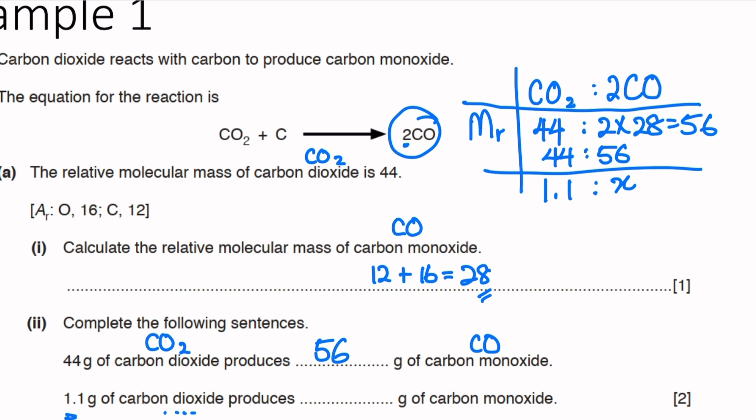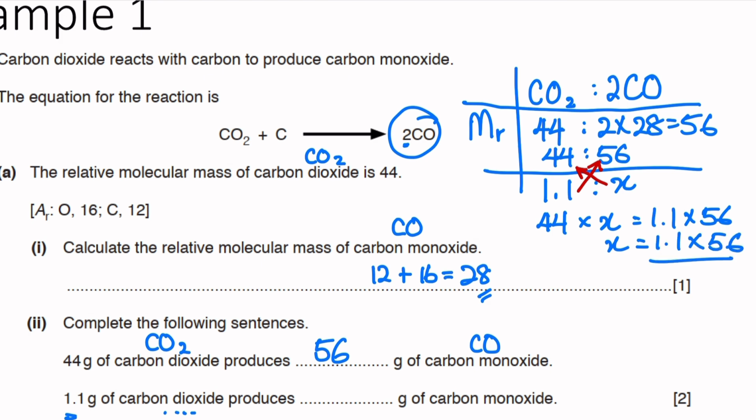So what are we going to do? Cross multiply. This cross with this, this cross with this. Everybody knows how to do cross multiply. Let me teach you how. This X with the 44, then you should get 44 times X. Okay, this 1.1 multiply with 56. Next, you need to make X the subject, so you have to move this 44 to the other side, which will become division. 1.1 times 56 divided by 44.